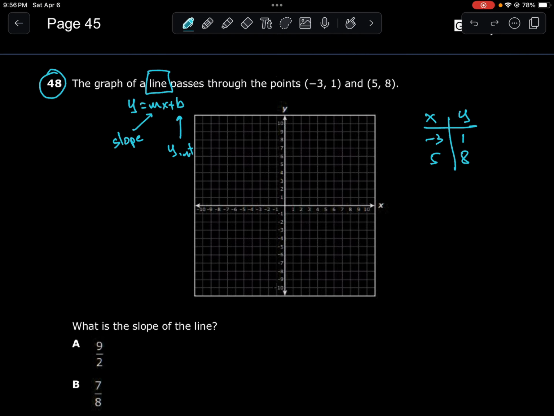Alright, so let's go to the graphing calculator and give it those values.